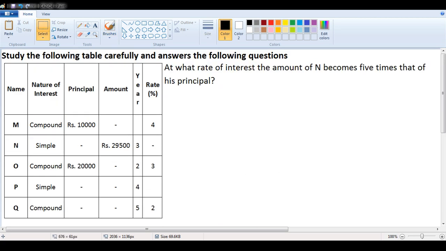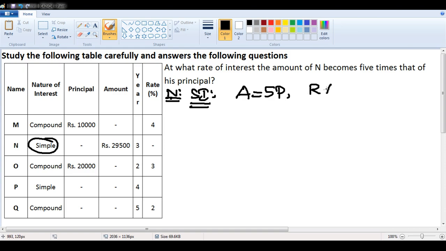The question is, at what rate of interest does the amount of n become 5 times that of the principal? There is a person n. N is nothing but simple interest, right? The amount will become 5 times the principal.